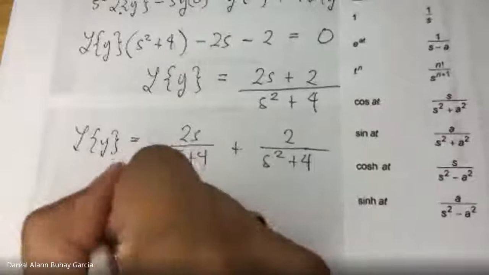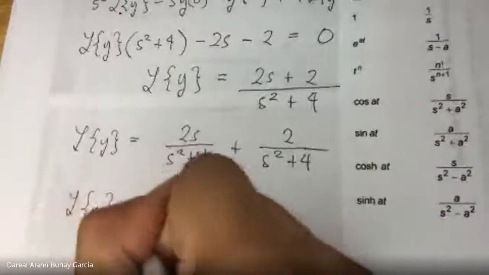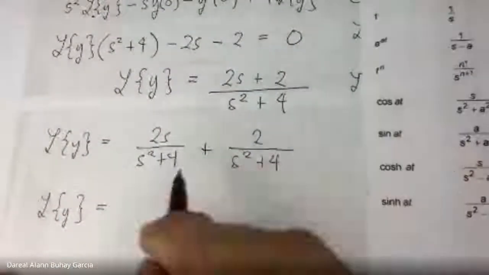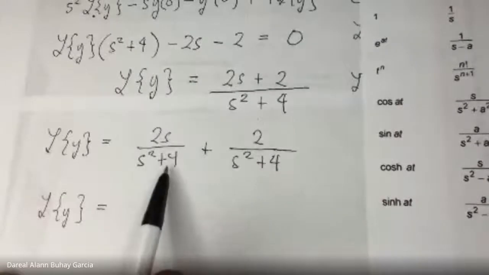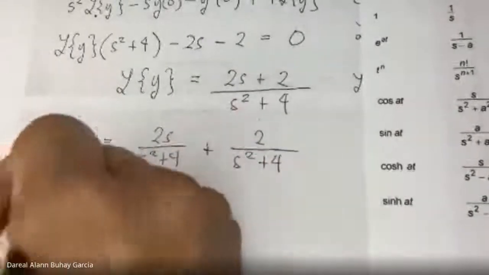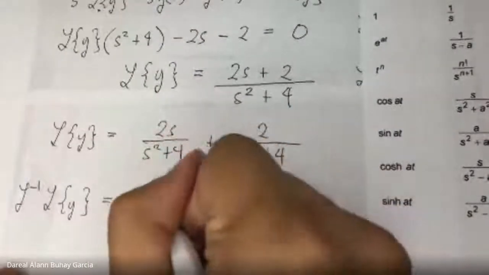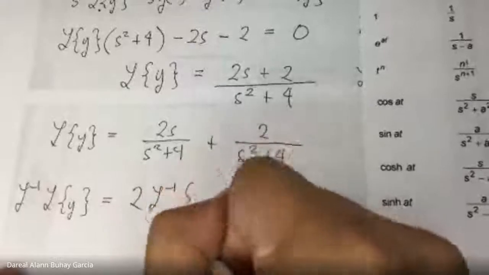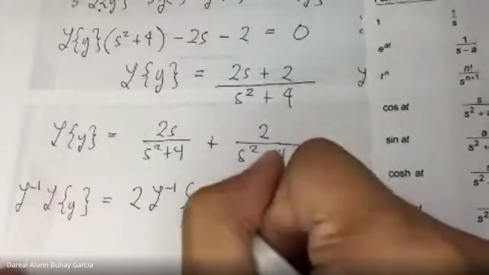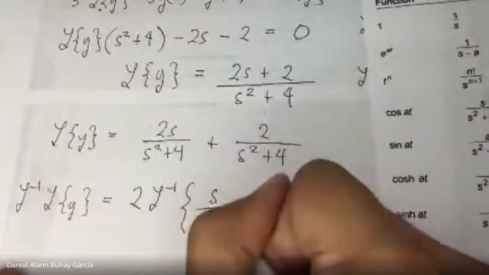So, the Laplace of y. For the first term, we can pull out the constant 2, the inverse Laplace of s over s squared plus 2 squared.